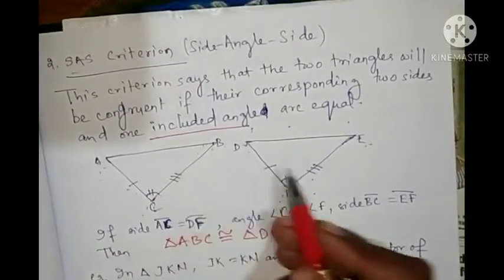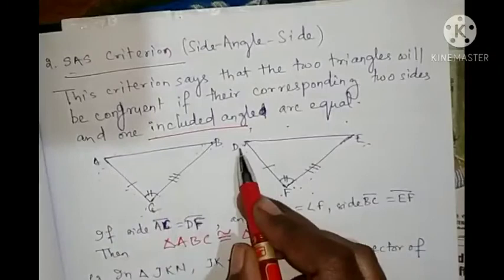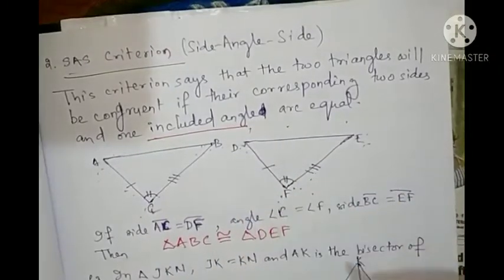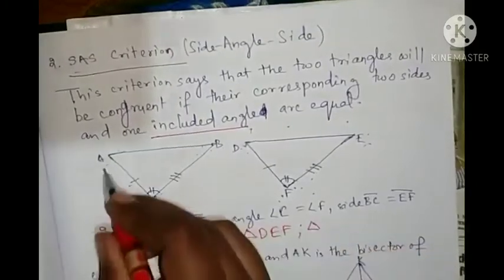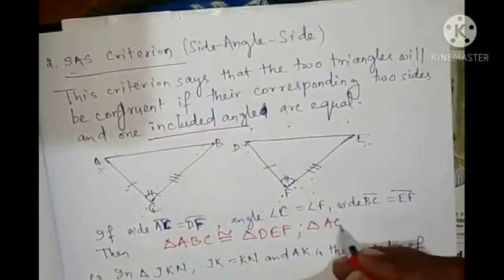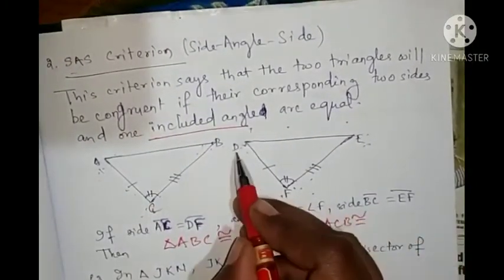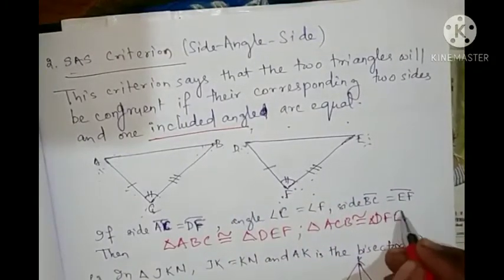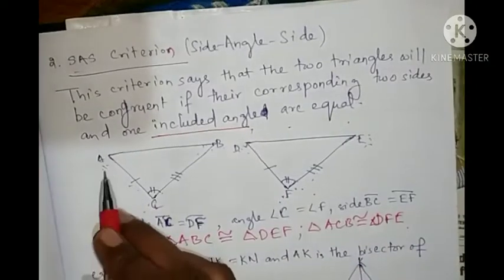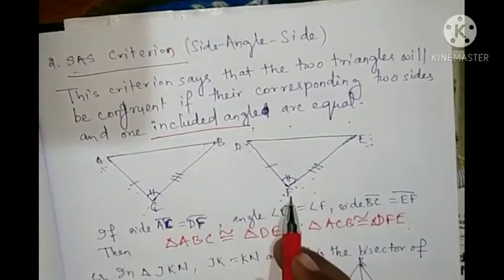Triangle ABC is congruent to triangle DEF, or you can write triangle ACB is congruent to triangle DFE. Maintain the order. If you write ACB, you write DFE.